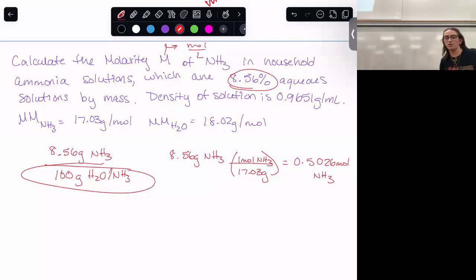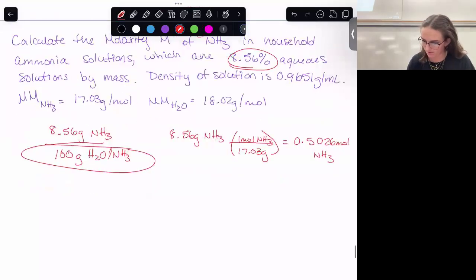Okay. And then what is our solution? What's the mass of ours? Yep. So then we're going to say that in order to get to liters of solution, we're going to have 100 grams.